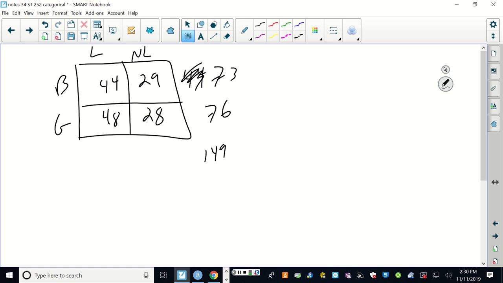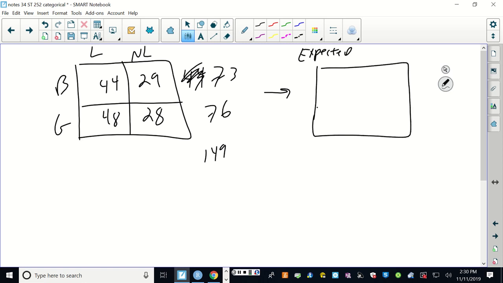If you go through all that calculation, if these are the data, the expected values would be something like 45.07 and 46.93 and 27.93 and 29.07.